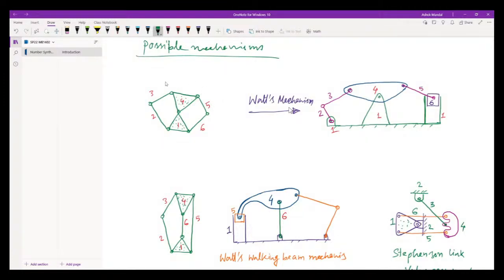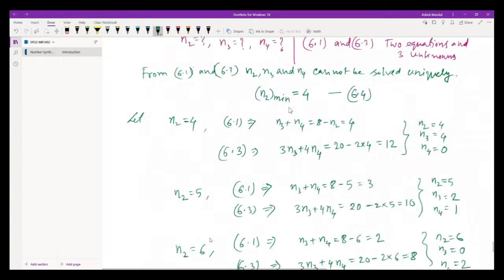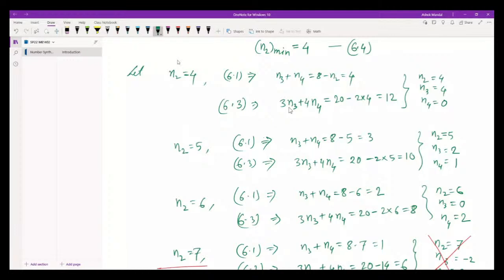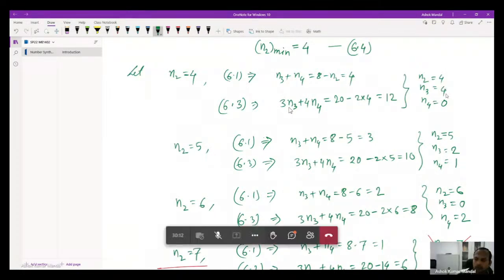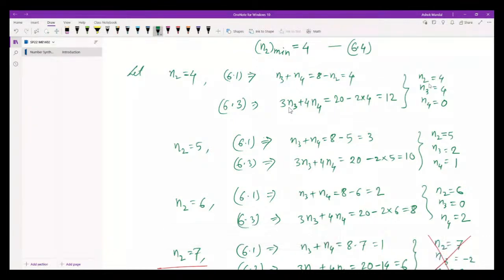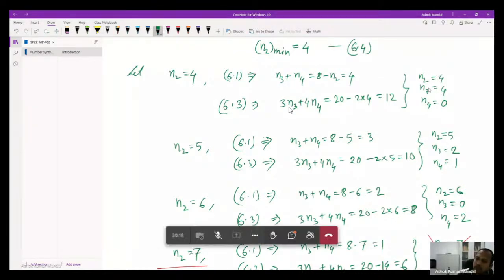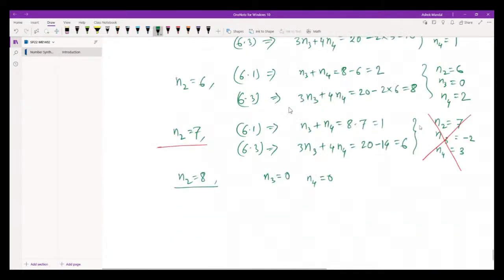Now, can you get this kind of mechanisms from these combinations? Like for the first case, you have 4 binary and 4 ternary links. You can construct not one mechanism, but many combinations of mechanisms. Do that. This is your homework.